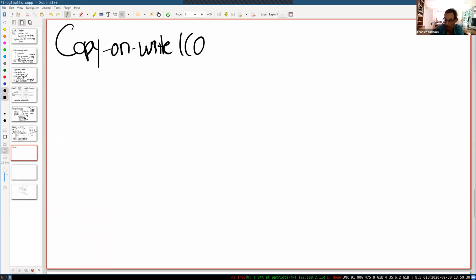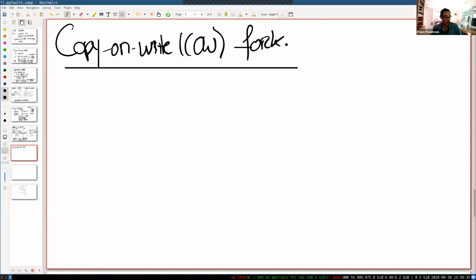or sometimes called COW fork. And the observation is pretty straightforward. In fact, we made this observation a couple times in lecture. Let's say the shell, in fact we saw it a second ago.